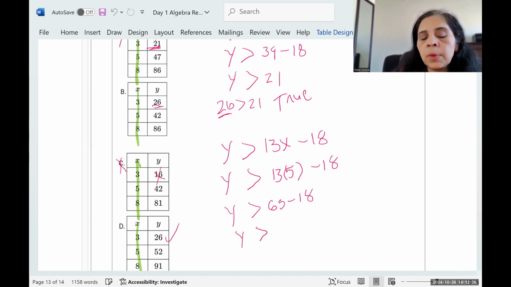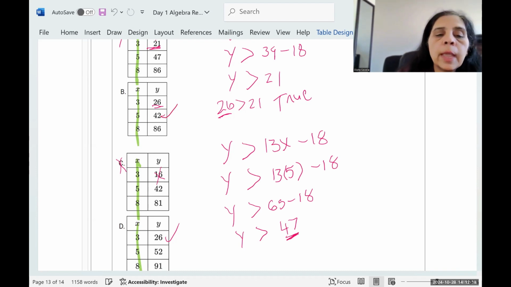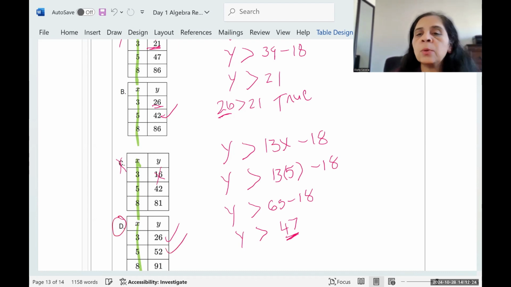So 65 minus 18, 15 minus 8 is 7, 5 minus 1 is 4, so 47. So we have to make sure it must be greater than 47, right? So B has 42 and here it is 52. So answer choice D. And that's it. You don't have to check the third point. So obviously D is the answer.